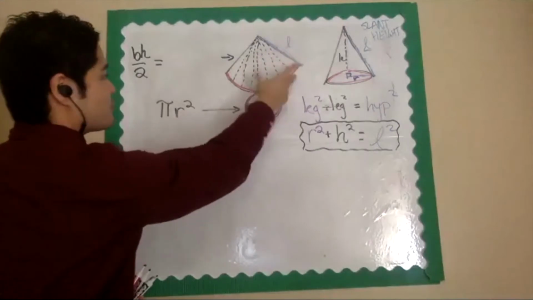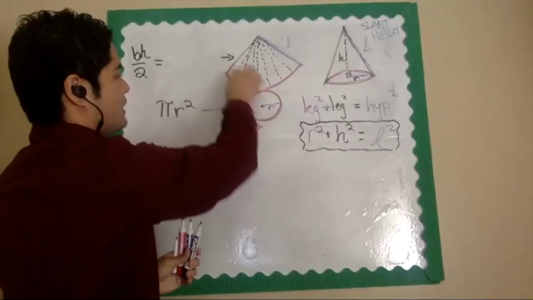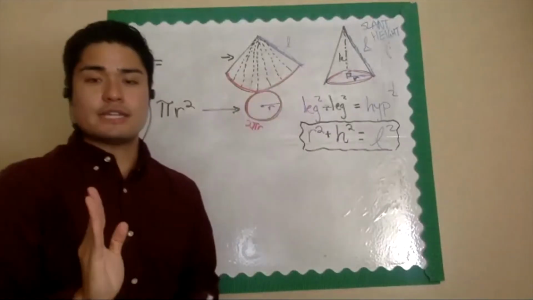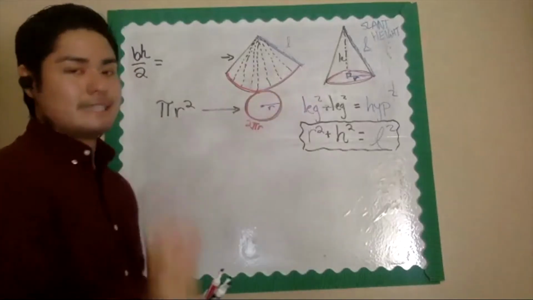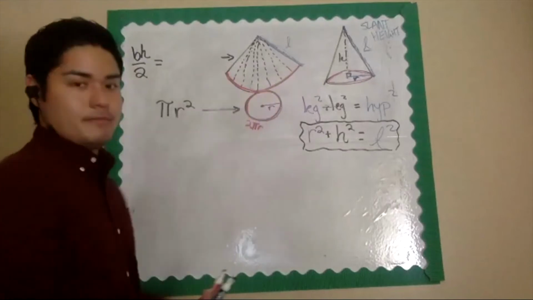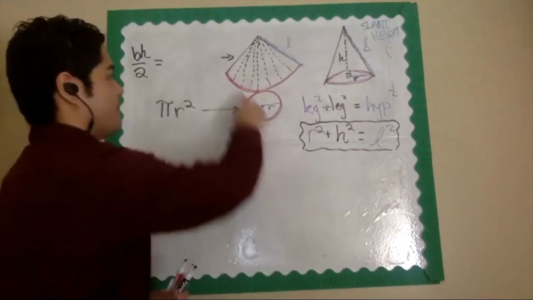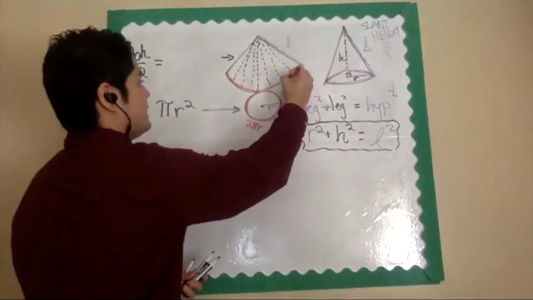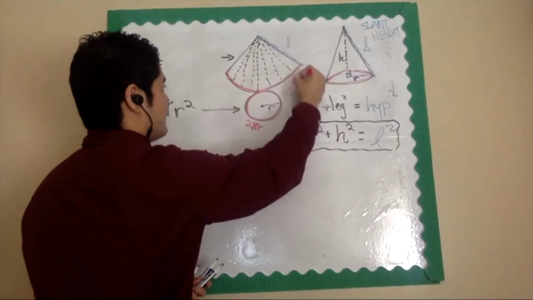And when you refold it back into the cone, this bottom part wraps around this circle right here. Okay? So Santino told us that the circumference of this circle is 2 pi r. Since this length wraps around this length perfectly, and this is 2 pi r, that means that this length, the base, is also 2 pi r.